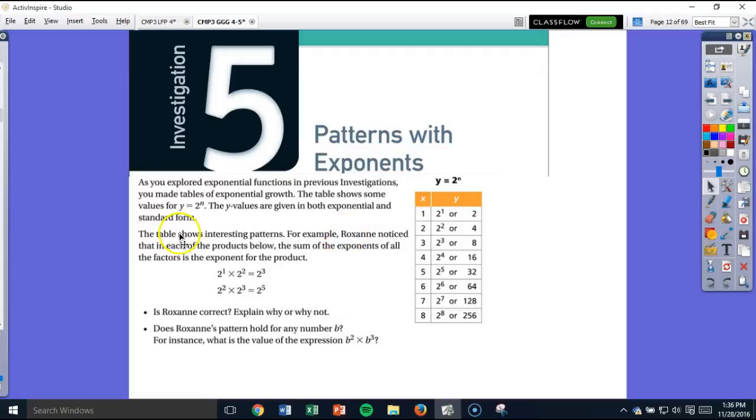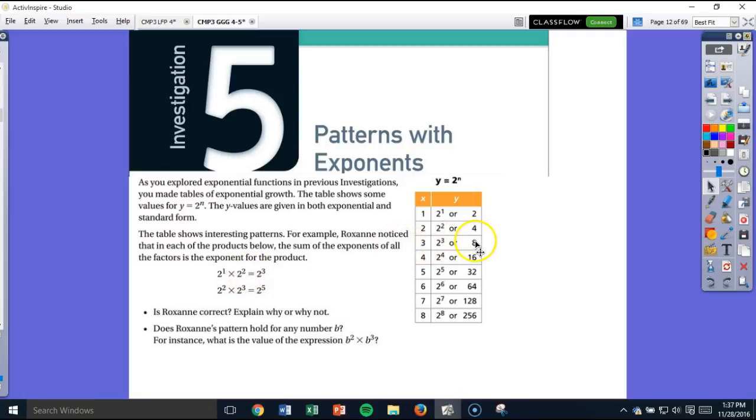Here it says that Roxanne noticed in each of the products below, the sum of the exponents of all the factors is the exponent for the product. Meaning that 2 to the first, which is 2, times 2 to the second, which is 4, so 2 times 4 equals 8, should equal 2 to the third.